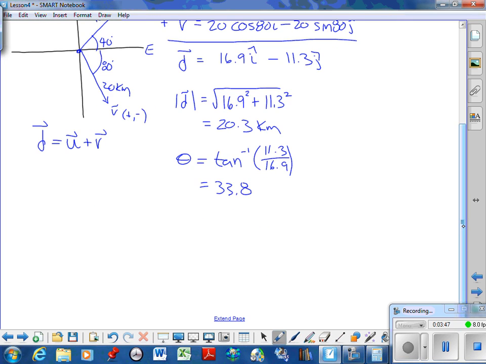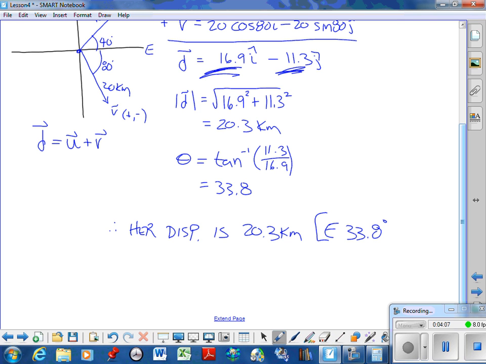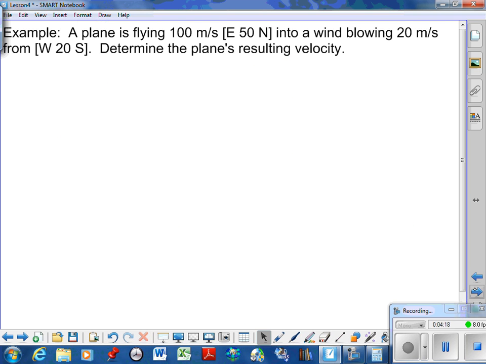All right, so therefore her displacement is 20.3 kilometers. Direction: positive i, so she started heading east, 33.8 degrees. Negative Y component, so that means she was heading south. So if you wanted to find her and you were flying a plane, that is where you would have to fly.